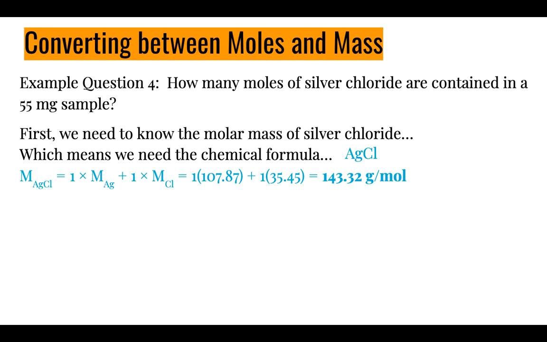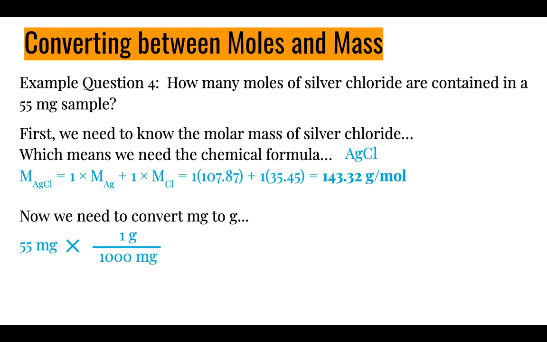Okay, the question gives us a mass in milligrams. So the first thing we'll have to do when we start our calculation is to convert to grams. We start with the number given in the question. We're going to convert it to grams, and there are 1,000 milligrams in 1 gram. So the milligrams will cancel. Now we're into grams, so we're going to string another conversion factor on there, this time using the molar mass.